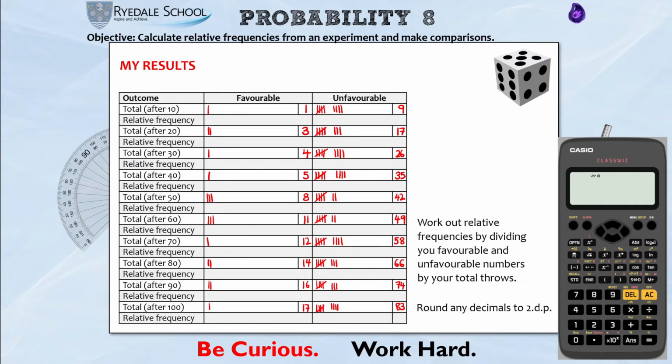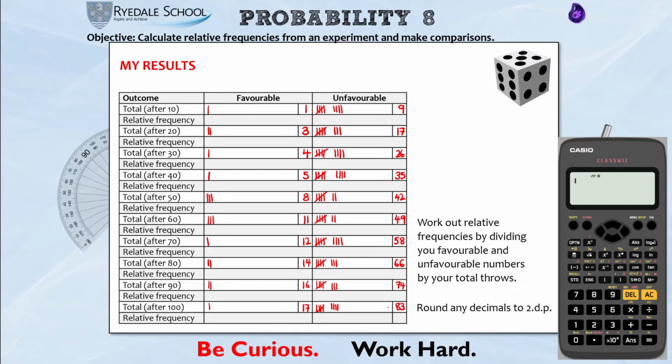So again, just check that on your final row in your table, you have actually done this correctly, and your 2 numbers here add up to make 100. That is another check that you've not done any mistakes in your cumulative totals.